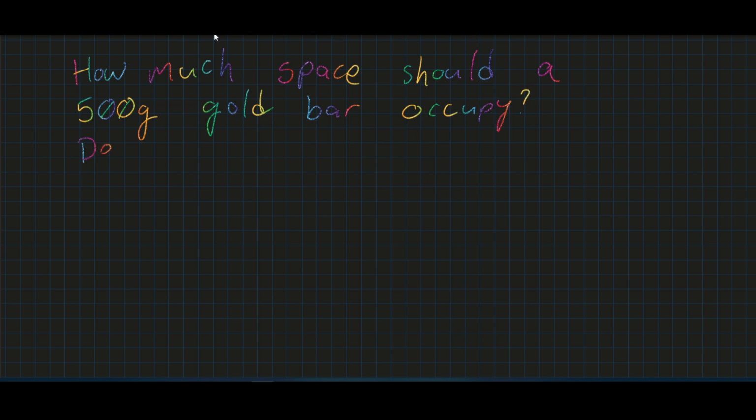The density of gold is 19.32 grams per milliliter, or centimeter cubed.